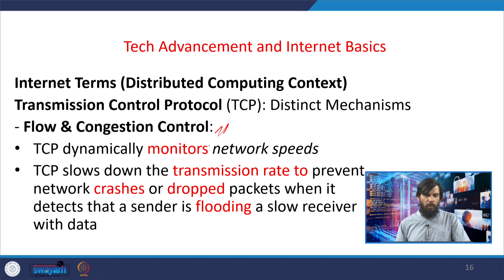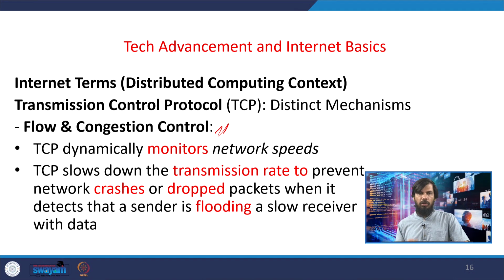One more is flow and congestion control, because the data is being broken down and then reassembly is also happening. Because of that the flow might get disturbed, because there might be some missing and corrupted segments also. It has to wait for that retransmission to arrive, and therefore the flow can be disturbed and there can be congestion.